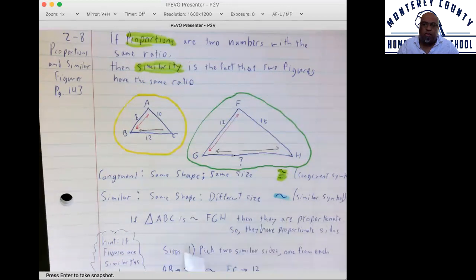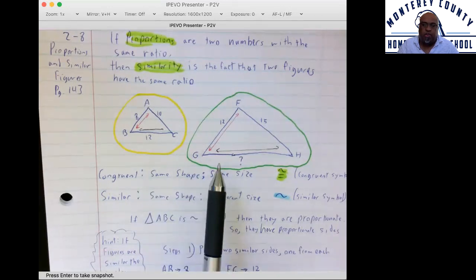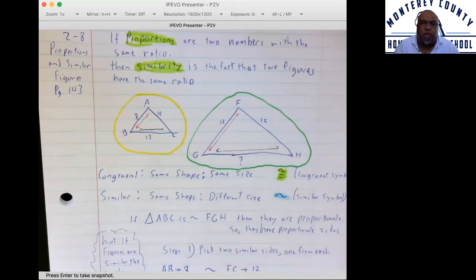So therefore, I have this statement. If triangle ABC is similar to triangle FGH, then they have proportionate sides. Here's ABC, and here's FGH. They're proportionate, meaning that they have the same exact angles, but different sizes, or that their sides have different lengths.